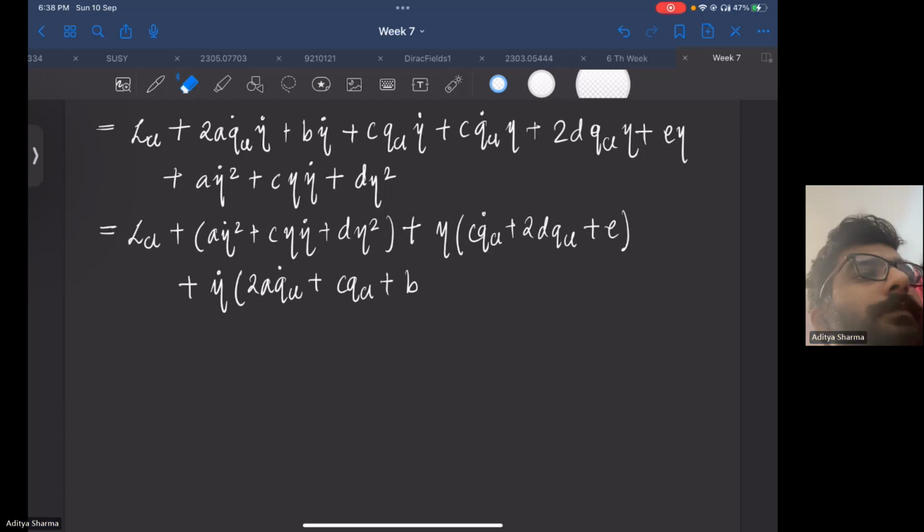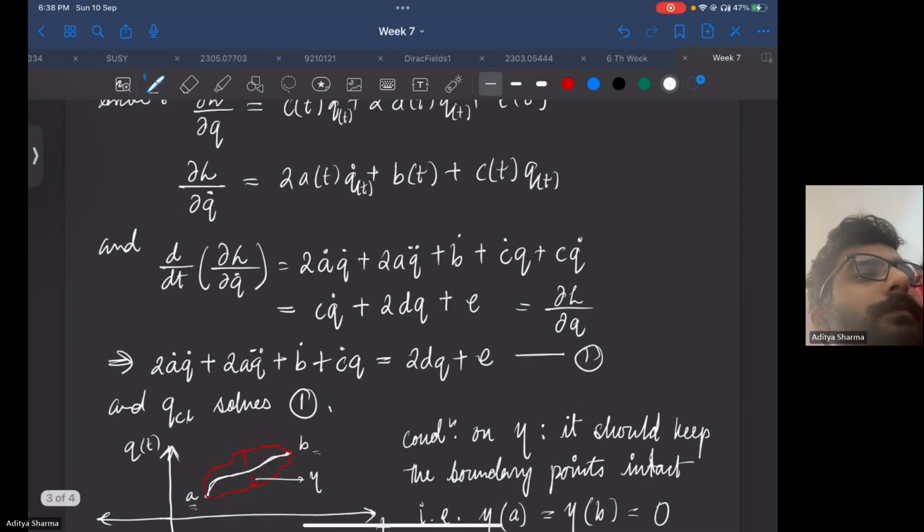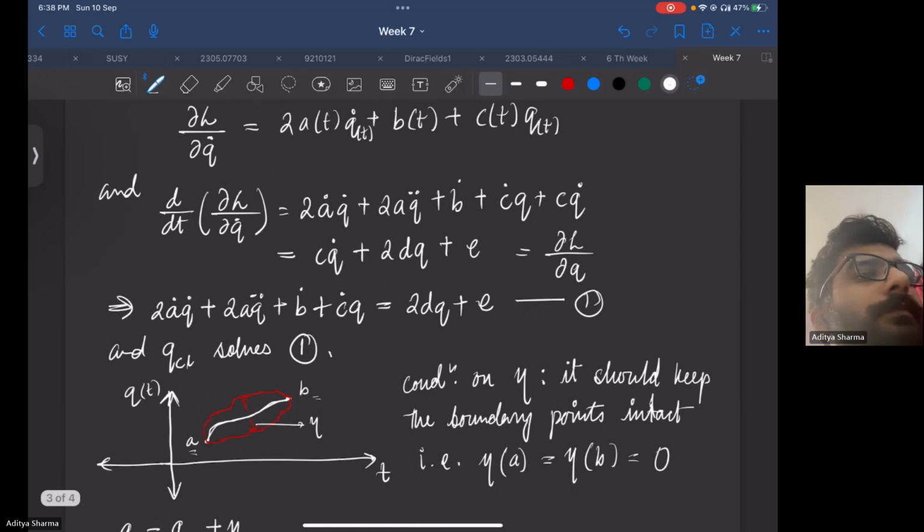Notice this is nothing but the equation of motion.